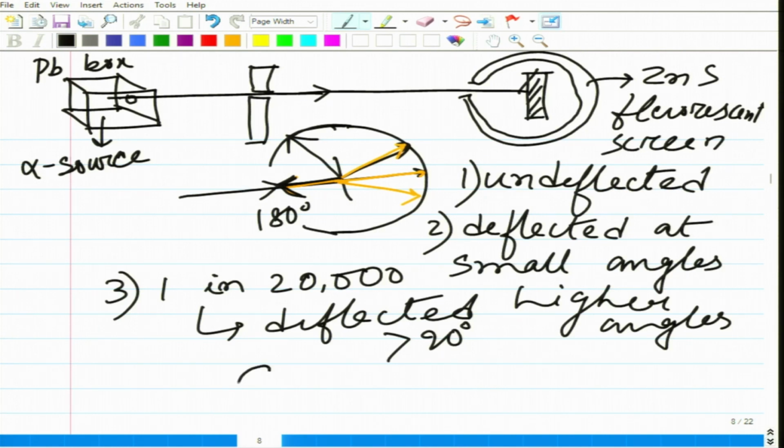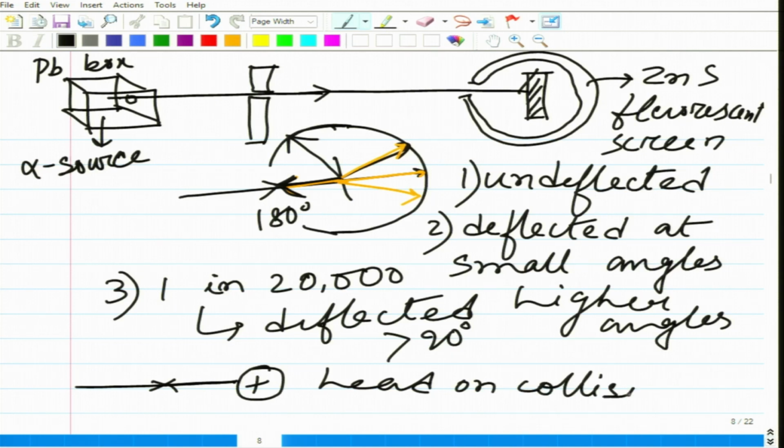So, there must be some positively charged region where the alpha particles hit and deflected straight back, retracing the path. That must be some head-on or direct collision.